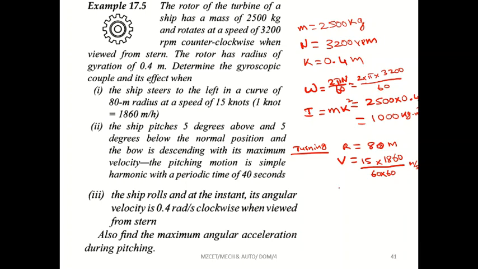R value, V value we got. If we got R value and V value, we can find omega P value, V by R. If you substitute V value and R value inside, you will get omega P value. If you got omega P value, then C equals I omega omega P. Substitute I value, omega value, and then this omega P value inside.